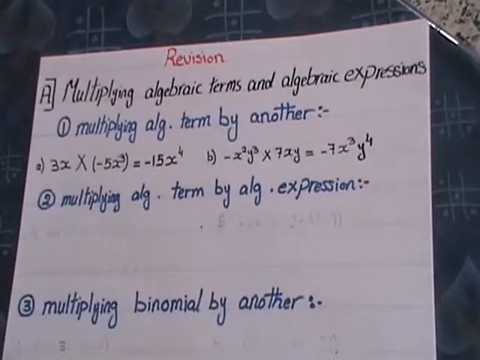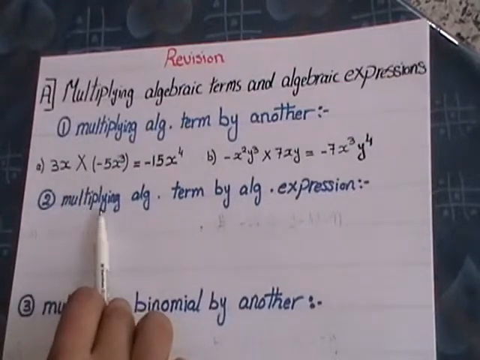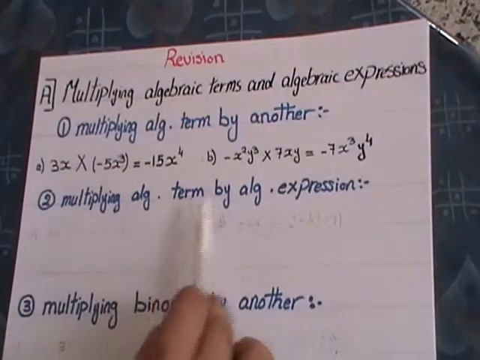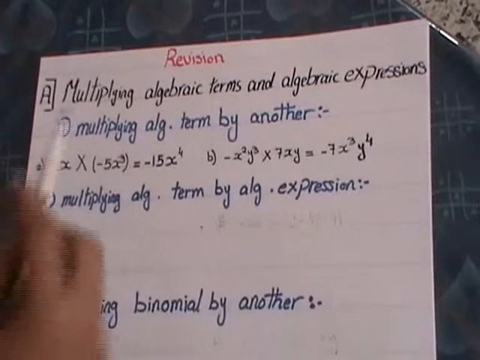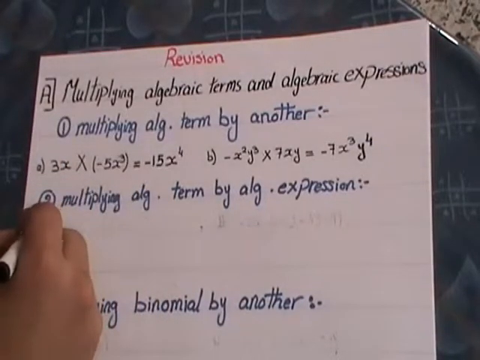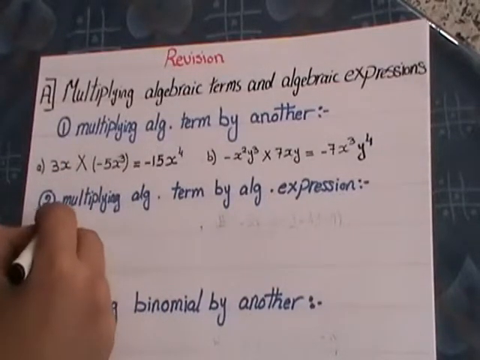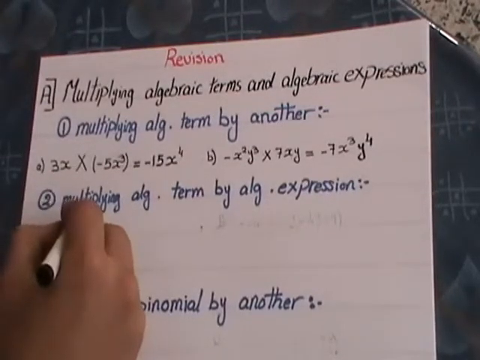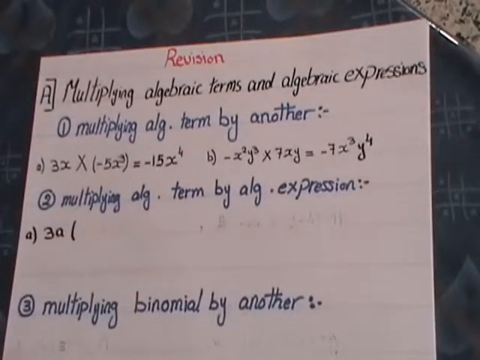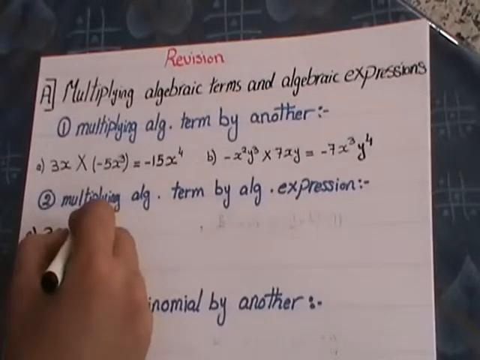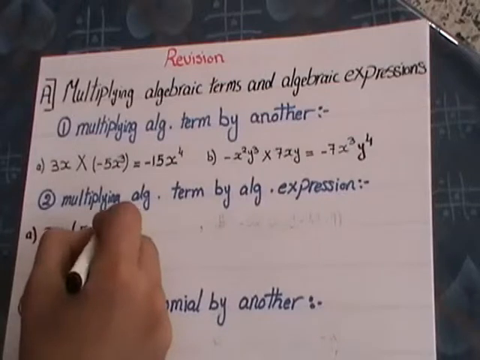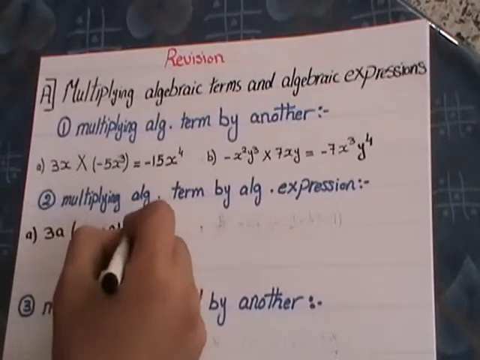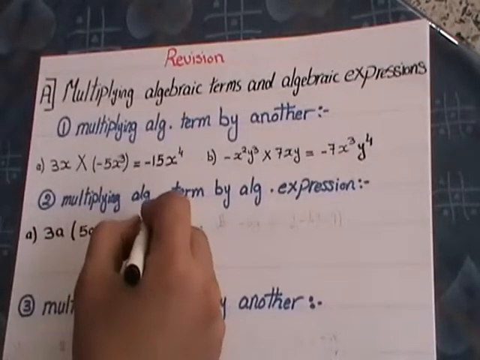We go into the second type, multiplying an algebraic term by an algebraic expression. We go into the first example. We have 3a, an algebraic term. We want to multiply it by an algebraic expression which consists of 3 terms: 5a plus 2b minus c.